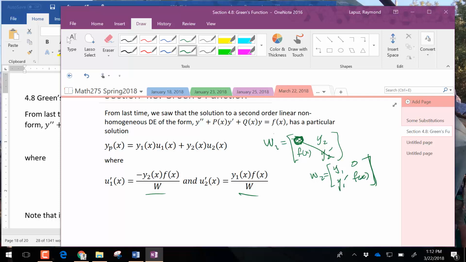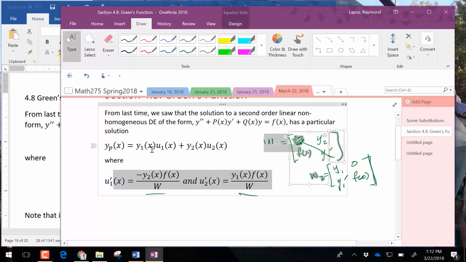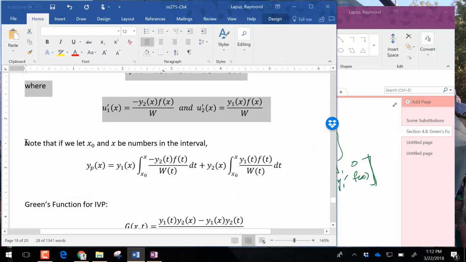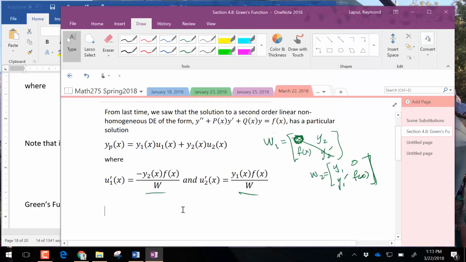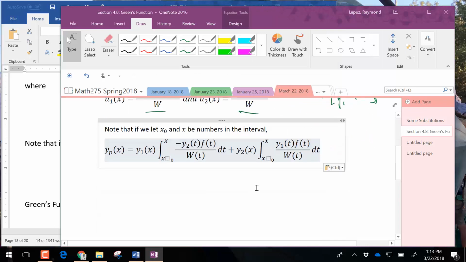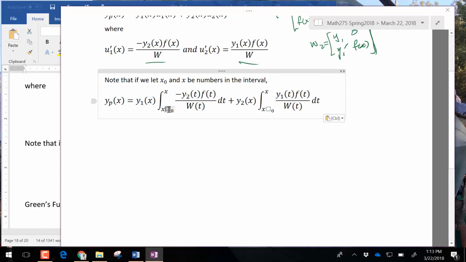And then from here, we take the integral of this, and then for u1, after you take the integral, you're going to multiply that by y1. And so that process can be streamlined a little bit into this.